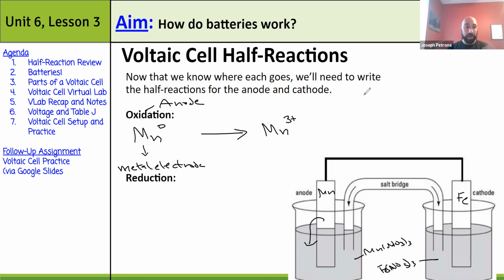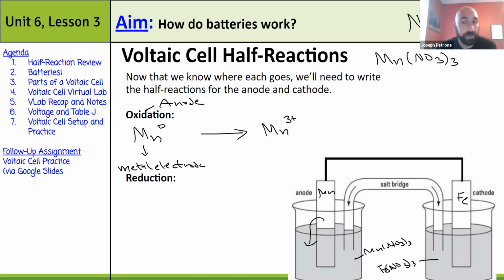I'm going to review how we determine this. We're going to be looking at oxidation states once again. So the nitrate ion, remember, that's one of those polyatomic ions, has a -1 charge. And this is in table E, your polyatomic ion chart. The formula for manganese nitrate is Mn(NO3)3.